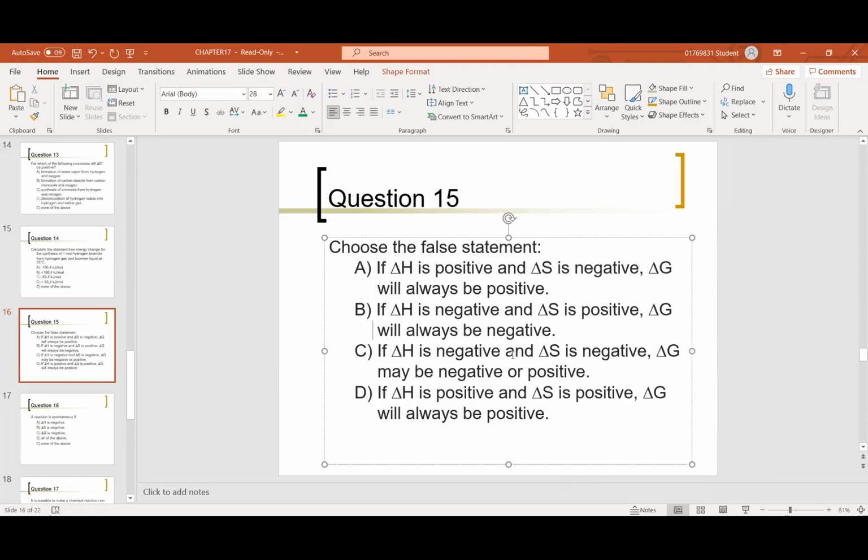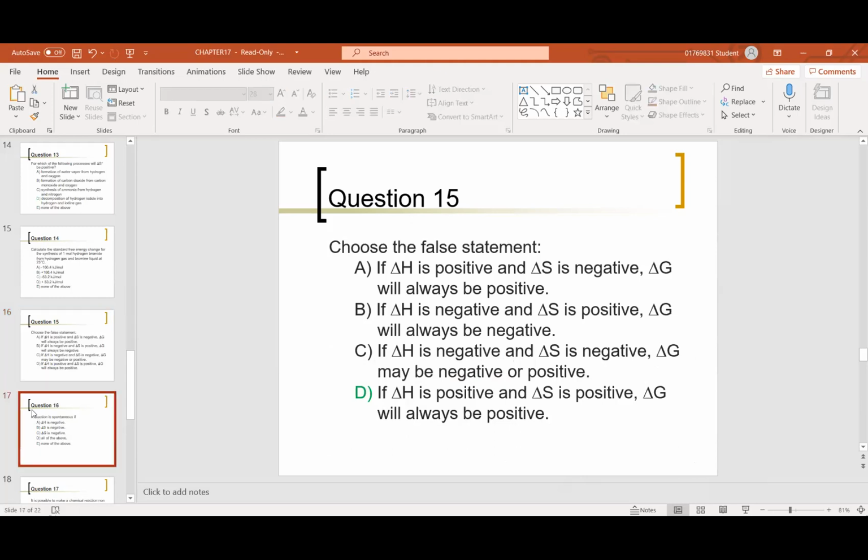Delta H is negative and delta S is positive, delta G will always be negative. This is negative, and that's positive. Yeah, that's also true. If delta H is negative and delta S is negative, delta G may be negative or positive, correct.